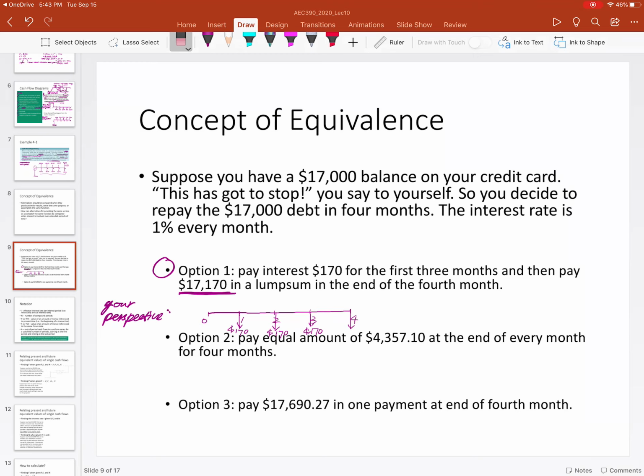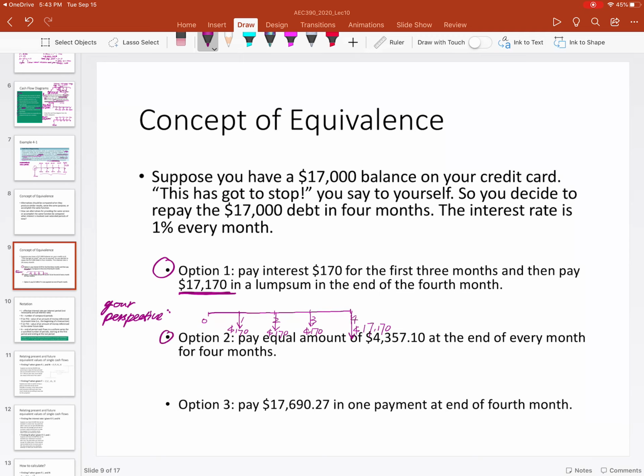You're going to pay a lump sum of $17,170. That's a huge number, so the arrow should be much longer. Well, we don't have much space, so just a little bit longer, okay? And you label that 17,170. That's your cash flow diagram from your point of view.